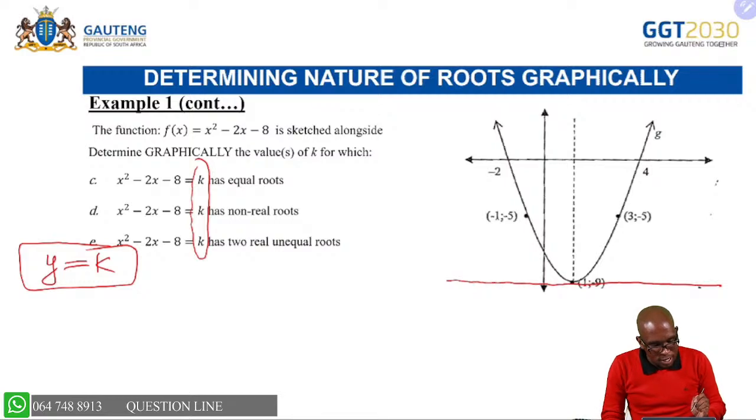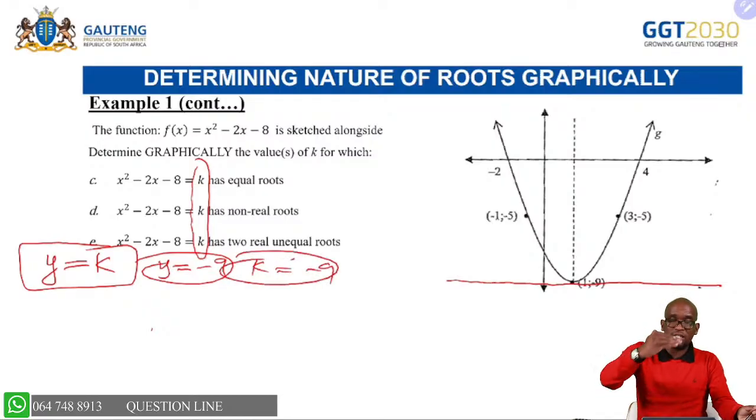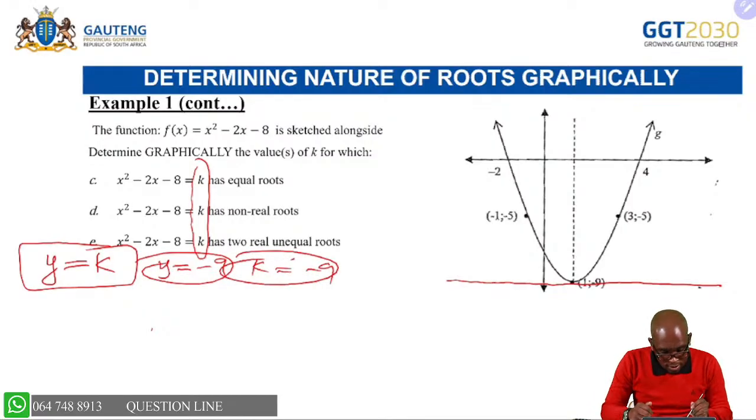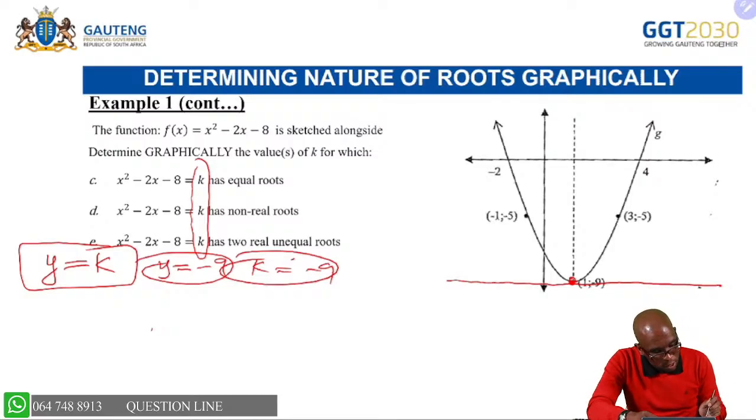So when it's at the turning point, what would be the value of k here? Here it's y is equals to minus 9. So also k is minus 9. That is where it is at the turning point. So at the turning point, you see this line cuts the graph once. So you have equal roots because it cuts once. So you will have equal roots when k is equals to minus 9.